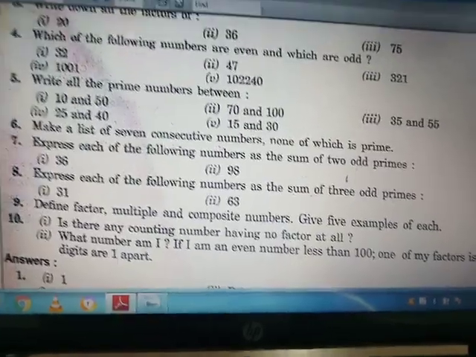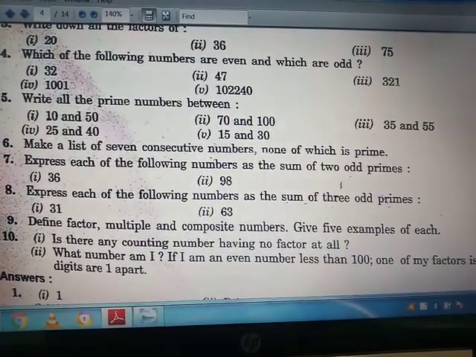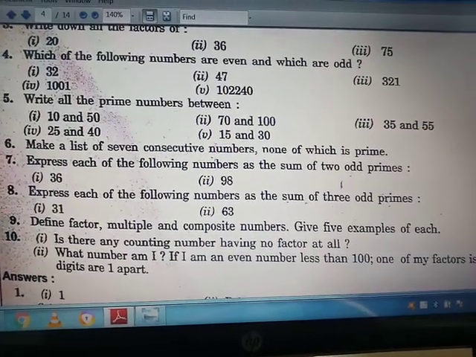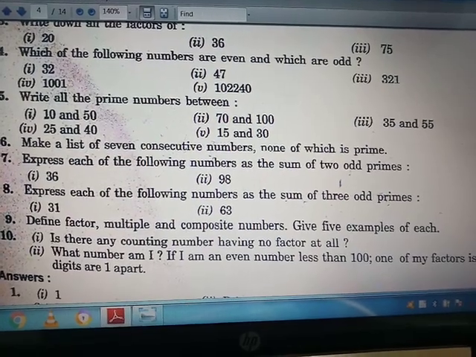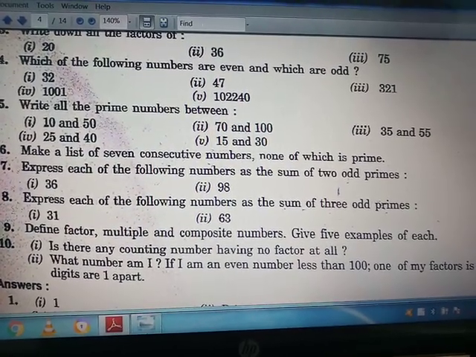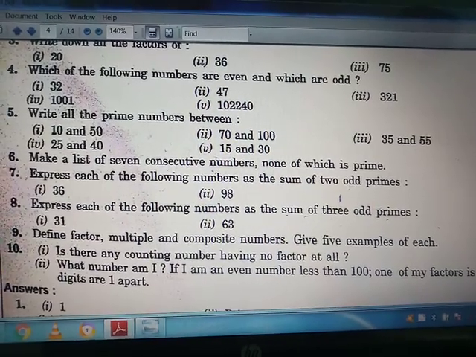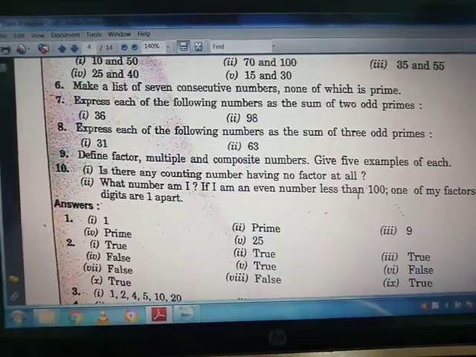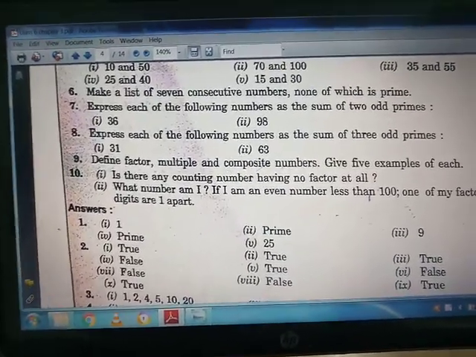Okay, now moving to the next question, question number 7, express each of the following numbers as a sum of 2 odd primes. What you have to do is express these numbers as a sum of primes. The first part of this is 36. So you have to break 36 into 2 parts which are prime.